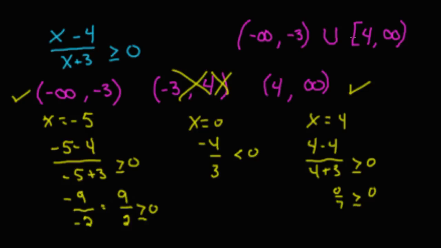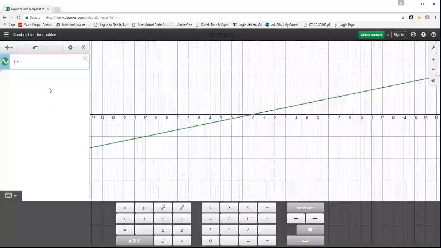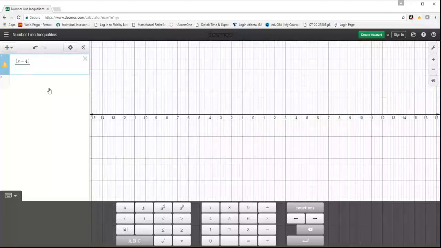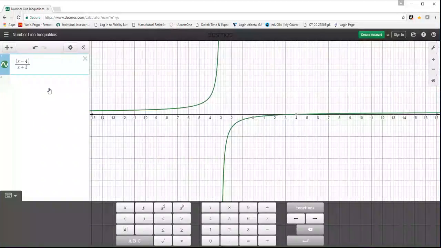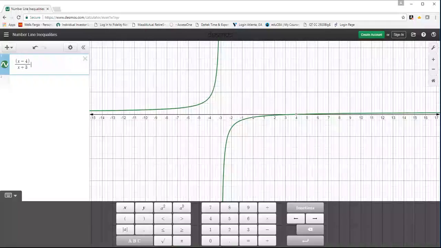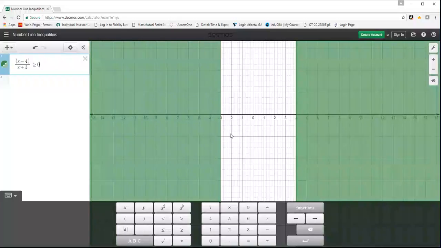Now if we're going to graph this, we'll just use the graphing program here to draw this out, and it'll be pretty easy. We'll just type it in. x minus 4 divided by x plus 3 greater than or equal to 0. And you can see we've got the graph here.